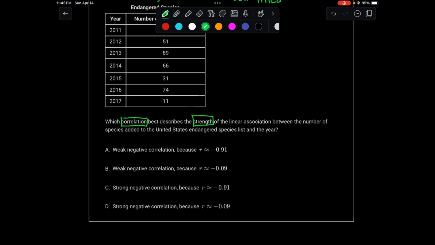Let's read the whole thing. Which correlation best describes the strength of the linear association between the number of species added to the United States endangered species list and the year? Okay, let's look at the answers now. Weak negative correlation, weak negative correlation, strong negative correlation, strong negative correlation.